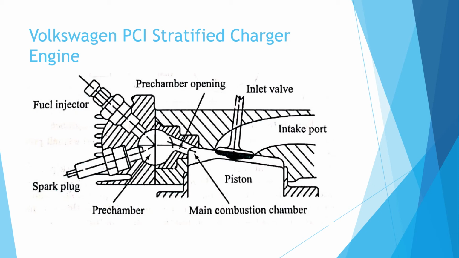It is linked to the main combustion chamber by a relatively large pre-chamber opening through a flow passage. The main combustion chamber is disc-shaped. It has no squeeze surface, but a slight swirl is induced by the intake port.